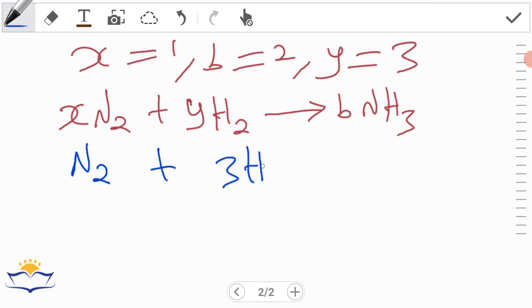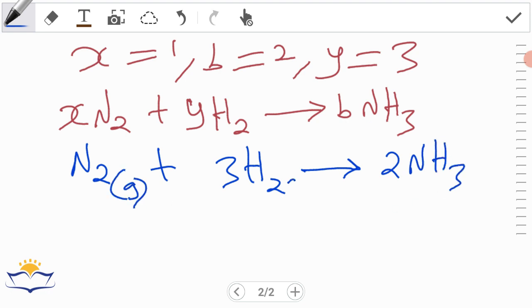Apaso 3H2. Apa 2NH3. Tibweze ma states of matter aja gas. Now the equation is fully balanced.